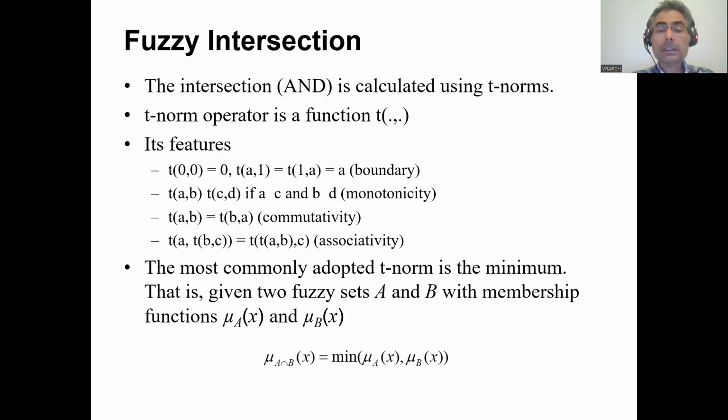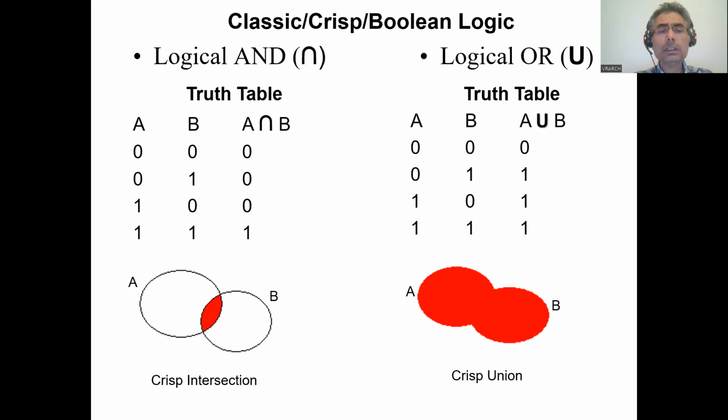With mu A(x) for fuzzy set A and mu B(x) for fuzzy set B, you take the minimum and this will give you the intersection. It's very similar to the Boolean case. If you take the minimum, all of these are 0, except this one, because the minimum is 1 here.